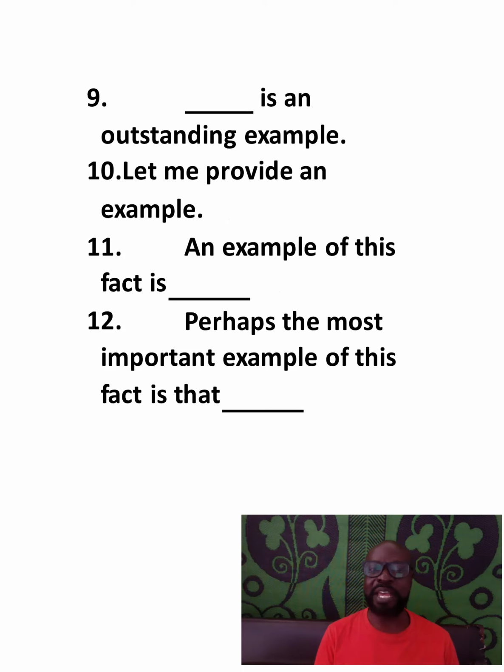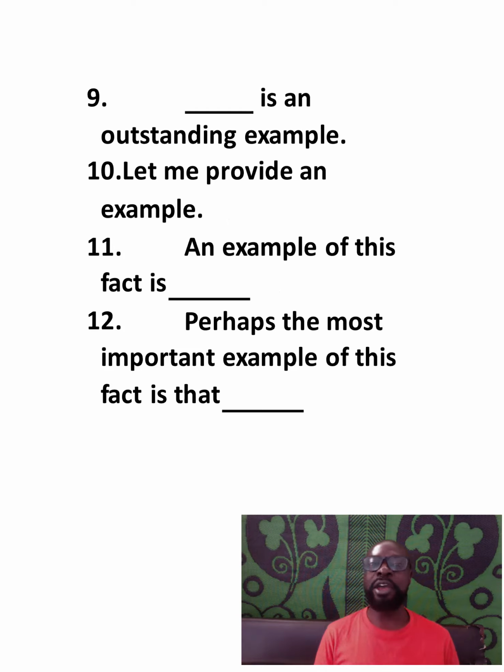Number 10, let me provide an example. Number 11, an example of this fact is. Number 12, perhaps the most important example of this fact is that. Remember, all these are signposts to show that you are giving an example.